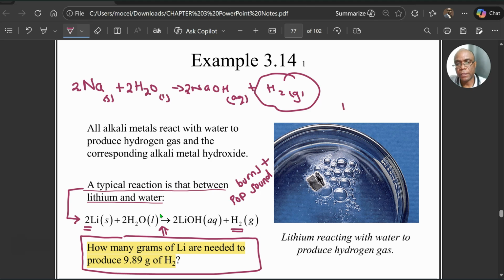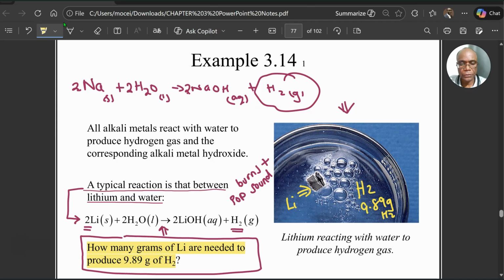Okay, you're looking at a reaction here, and you're seeing the bubbles, that is hydrogen gas being produced. So in this case, we are told that suppose we have 9.89 grams of hydrogen gas produced, how much lithium was used in this reaction?